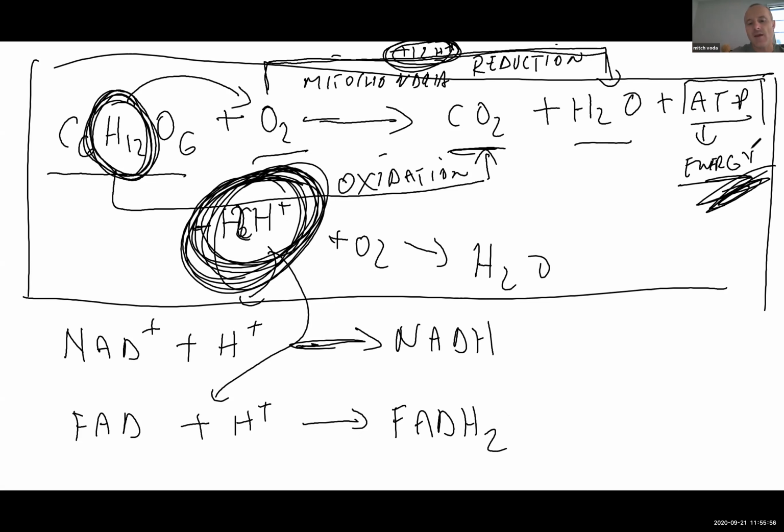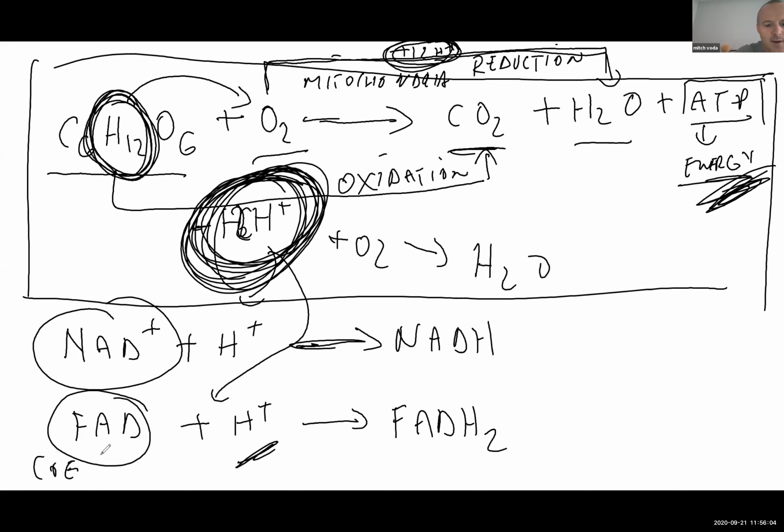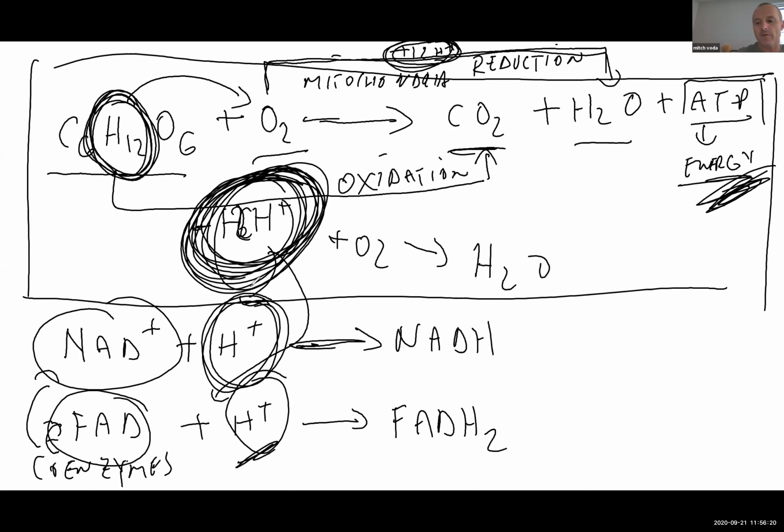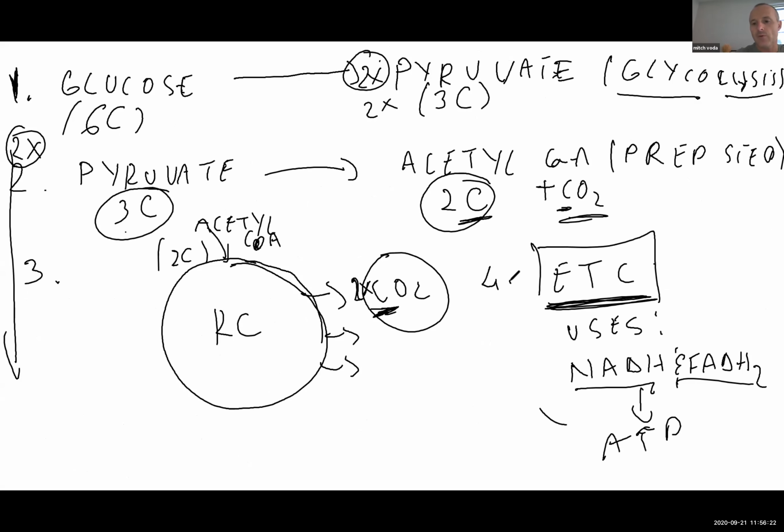So these 2 here are called coenzymes. The only function they have is basically to pick up these hydrogens as glucose keeps shedding them, and transport them where? To the electron transport chain.